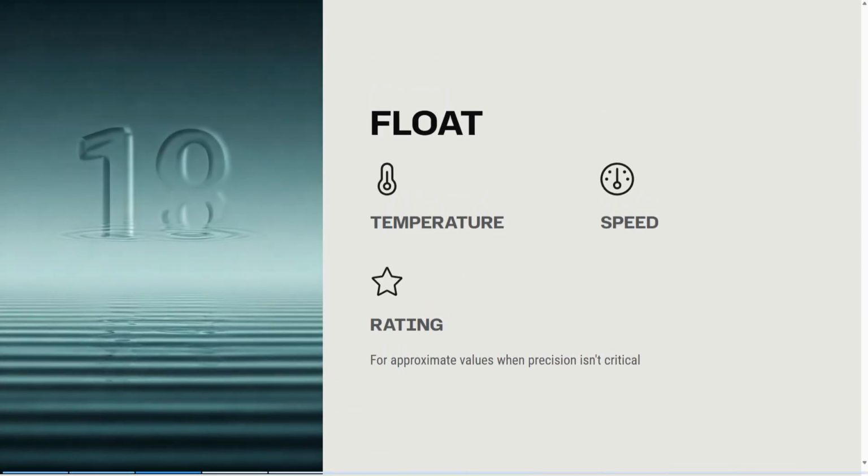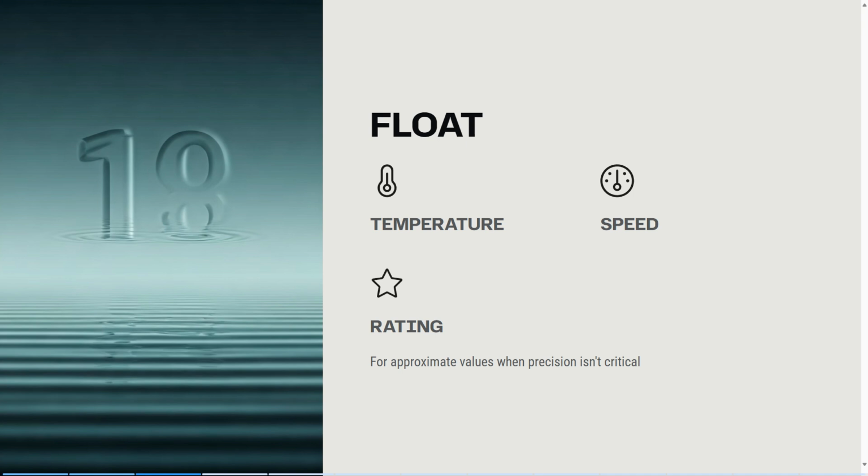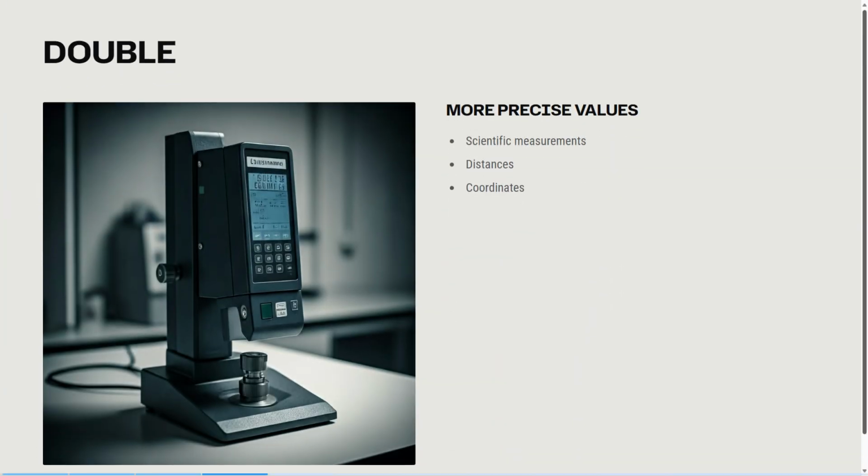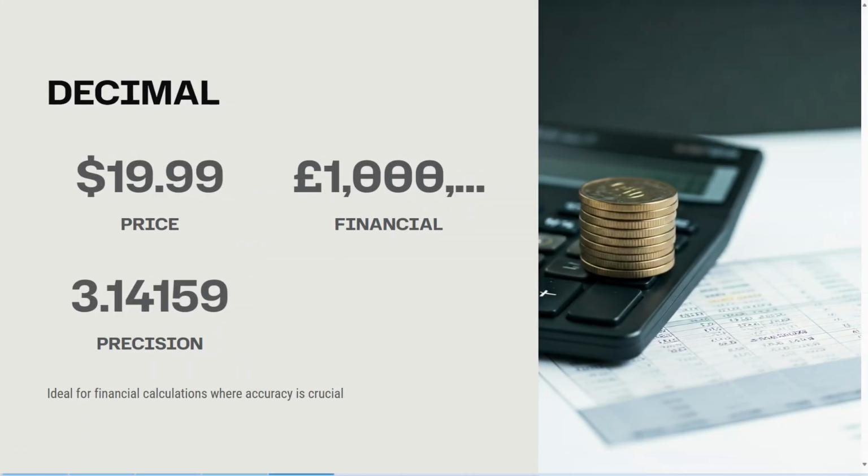Two, float, floating point number, is used for measuring approximate values like temperature, speed, or rating when precision isn't critical. Three, double is used for more precise values like scientific measurements, distances, or coordinates. Four, decimal, high precision number, is ideal for financial and monetary calculations where accuracy is crucial.